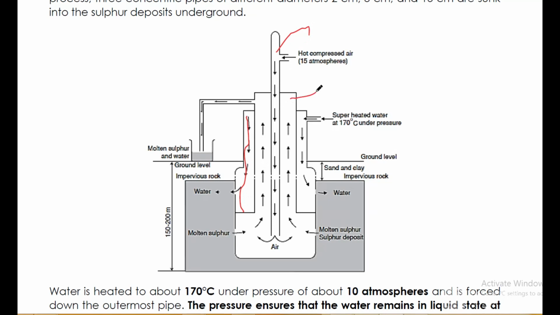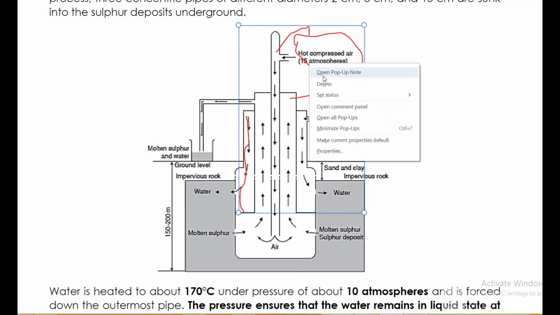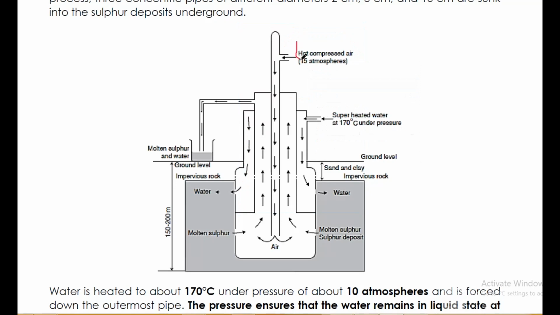Nataka uone hiyo tofauti. So, what goes through the innermost is the hot compressed air. At 15 atmospheres, hot compressed air goes through here, the innermost.